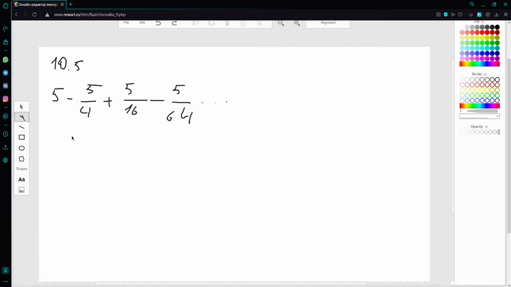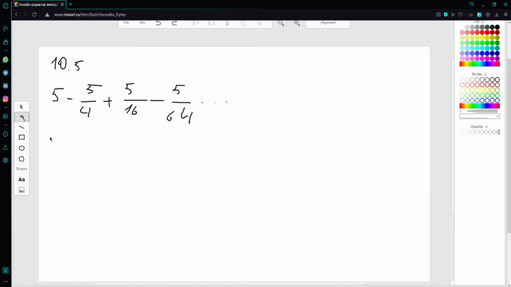The definition of absolute convergence: a series of a_n converges absolutely if the corresponding series of absolute values, the sum of |a_n|, converges.